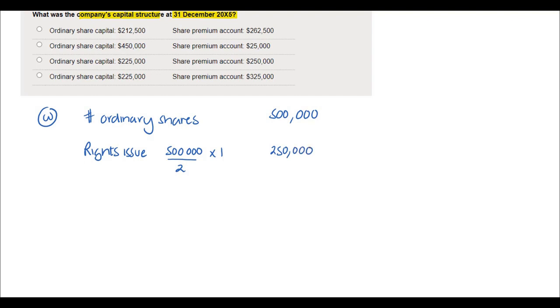Now we know that the rights is made at a monetary amount of $1 per share, giving us a total amount of $250,000. Now, yes, this would be the cash that the company receives. However, when it comes to entries posted in the share capital and share premium account, the posting to the share capital account will only be for the nominal value. So we can split this amount between the share capital and the share premium.